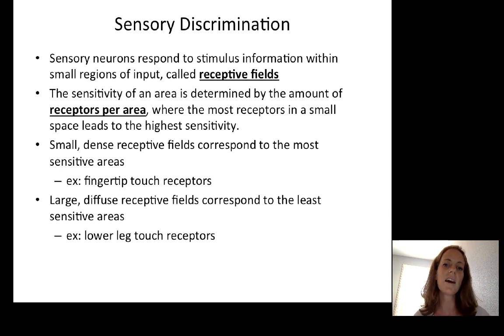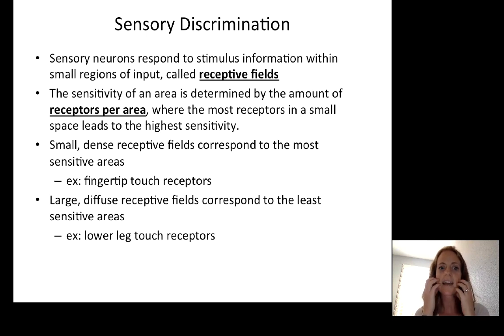The sensitivity of any given area is determined by the amount of receptors in that area. If you have more receptors in a small space, then that will lead to higher sensitivity. Touch is a very easy way to think about this. Think about the regions where you would really not want to get a tattoo, right? Everybody who has gotten tattoos knows that there are certain places that will be much more painful than other places, right?